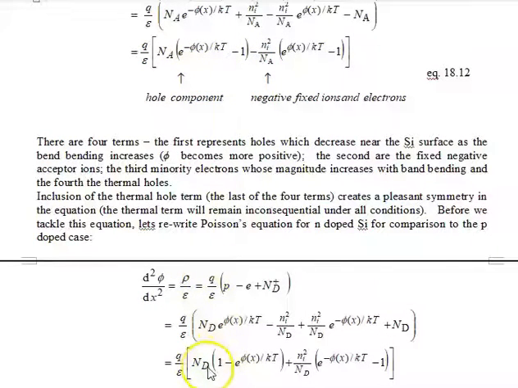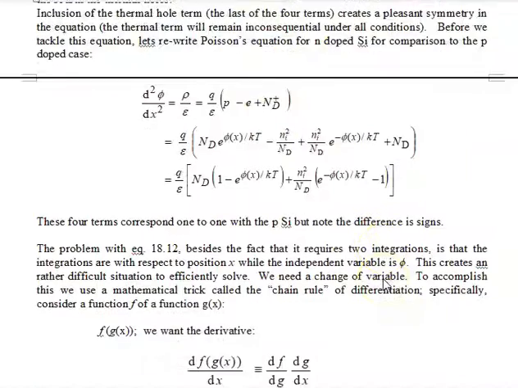The only difference is the signs. We have a minus sign here, we have a plus sign. Signs are reversed. So if you go through this, I think you'll get something that looks like this. And of course we could solve that for a PMOS or an N-type substrate. But we're going to solve it for the P-type.